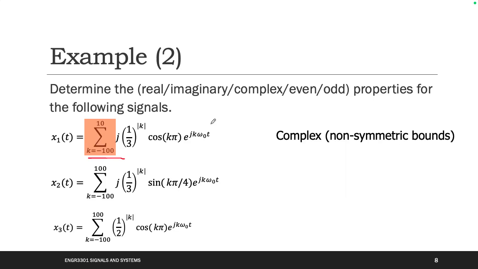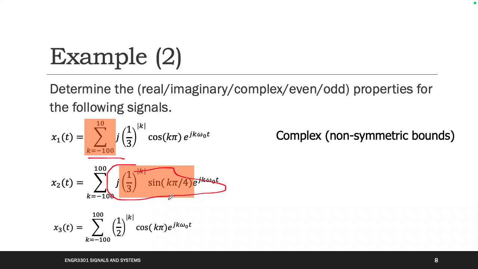Okay, and for this signal, how about this signal? Yeah, a_k is imaginary, because this part is j, right? And a_k is imaginary. Is a_k even or odd?